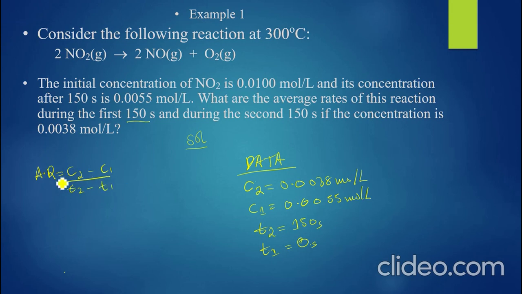Then here, what's your C2? That's 0.0038 mole per liter minus 0.0055 mole per liter.